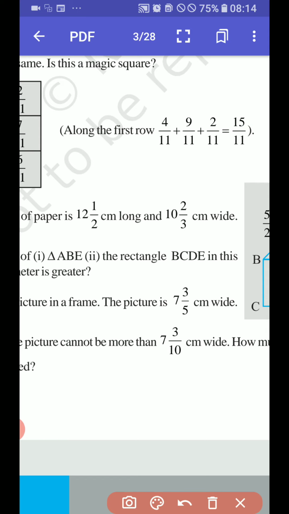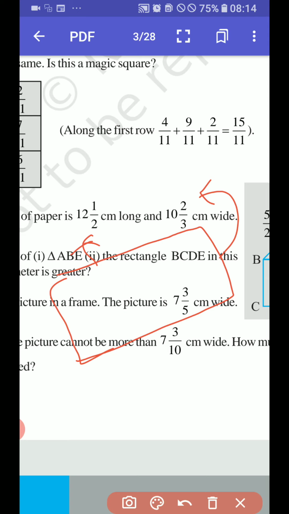You can see this is a rectangular sheet of paper. Its length is 12 whole 1 by 2. Its width is 10 whole 2 by 3. This means you will convert this mixed fraction into an improper fraction. 12 times 2 is 24, plus 1 is 25 by 2.